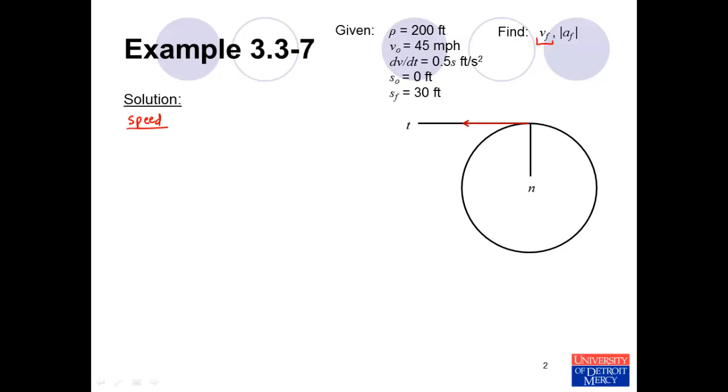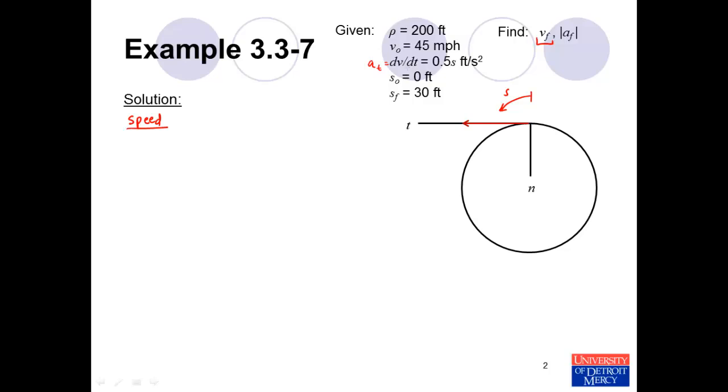We're not moving in a straight line, but we are moving along a path that's described by a single coordinate, the s coordinate, where s is the distance we've traveled along the path. So we're given information about position along the path. We're given information about the initial velocity, where velocity is always tangent to the path. And the information we're given about how the speed changes is in essence the tangential component of acceleration.